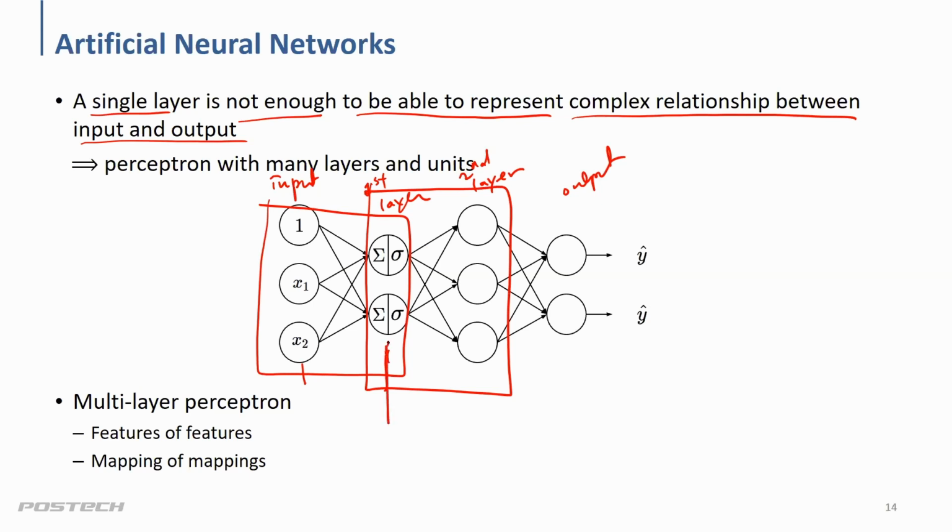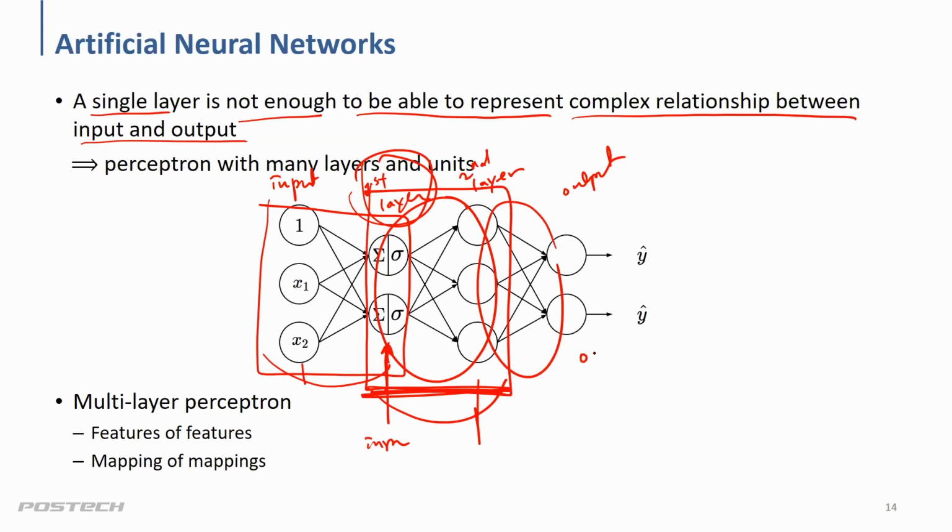These values are the output of the input layer, but looking at it from this perspective, they will be the inputs to this layer. So the first layer is the output of the first block, but at the same time it is the input for this second block. So you can think of this as another layer. Okay, so from here we get outputs.